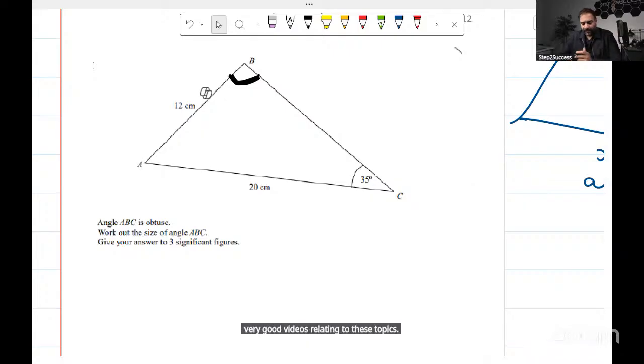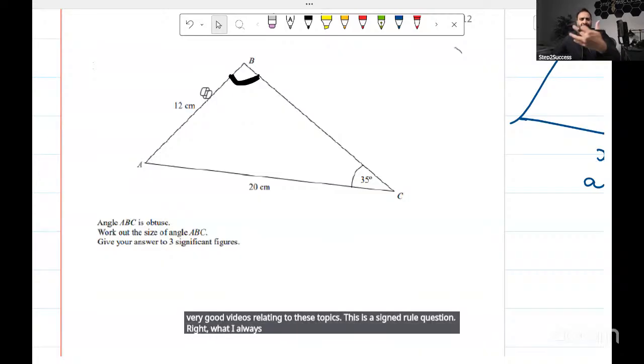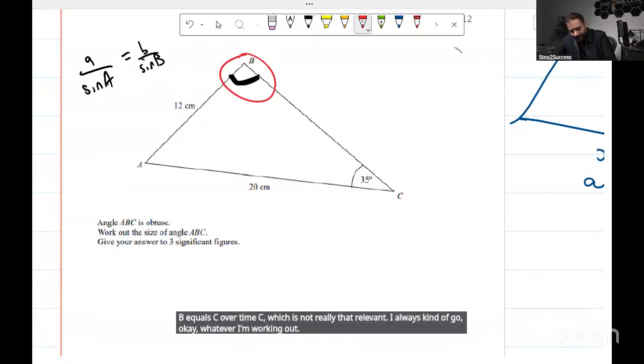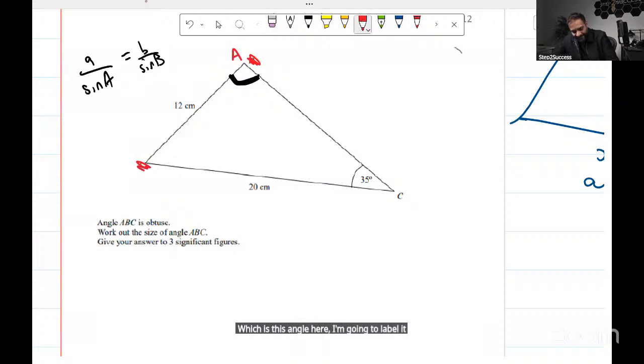This is a sine rule question. What I always say when I teach this topic is, because the sine rule is a over sine A equals b over sine B equals c over sine C, whatever I'm working out, which is this angle here, I'm going to label it A. Any existing labels I just get rid of, because they can confuse things.